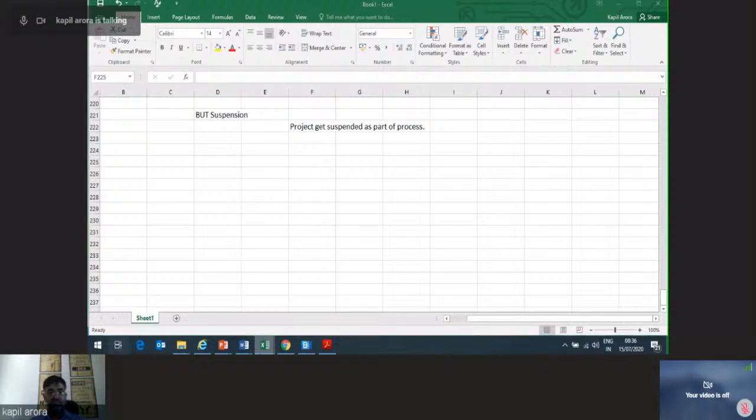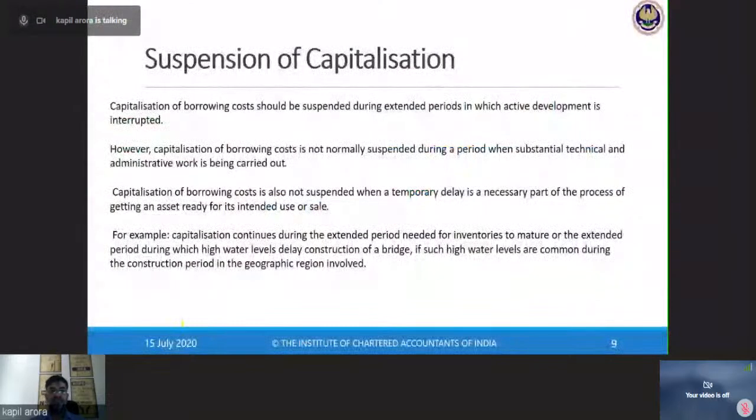So when there is suspension, capitalization is not getting suspended. Right? When suspension is there, we have cleared, my activities will stop and we are not going to add the value there. But suspension could be of different types.